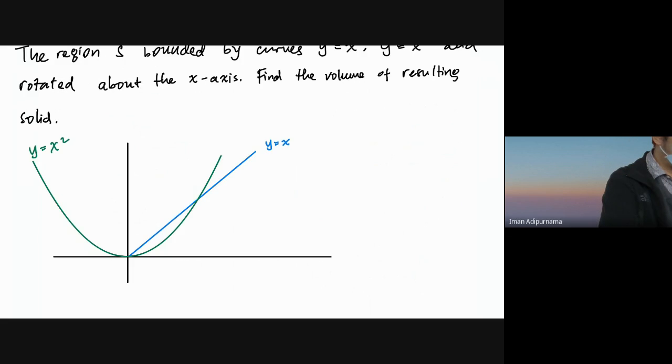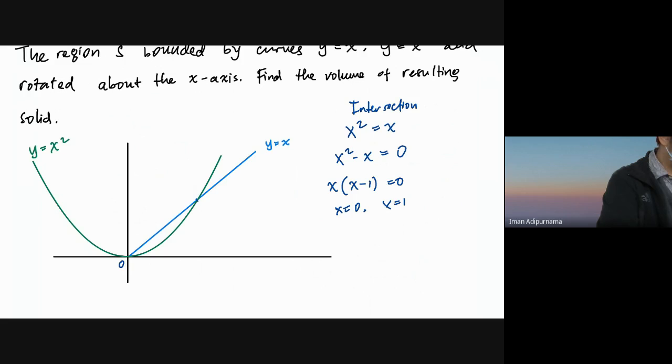To know the intersection, we can set both equal: x squared equal x. So this is 0 and 1, or to be precise, this is (1, 1) and this is (0, 0).